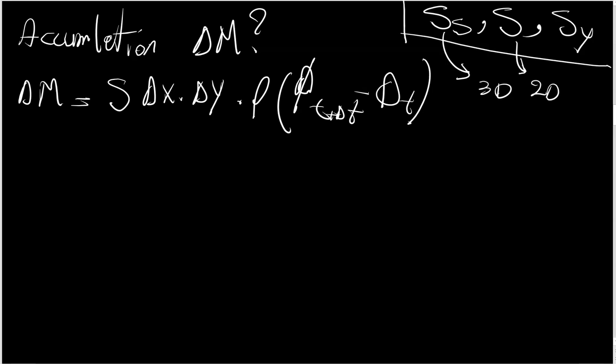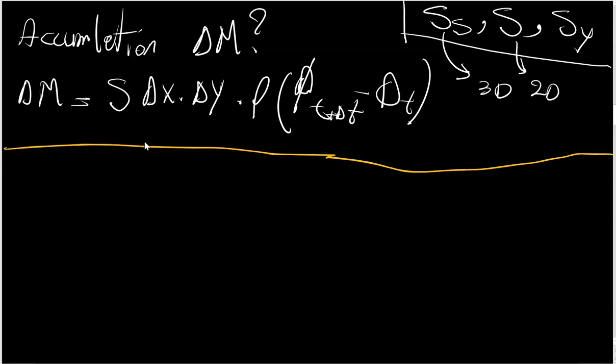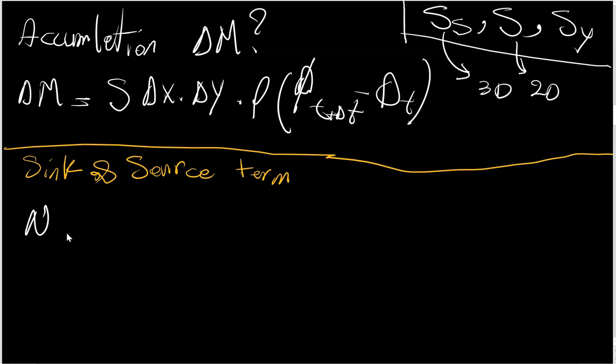The other component that we need to think about is the sink and source term. We said that we use the sink and source term as N, so the volume of water which can be stored or released from the system can be calculated as N delta x delta y rho delta t.